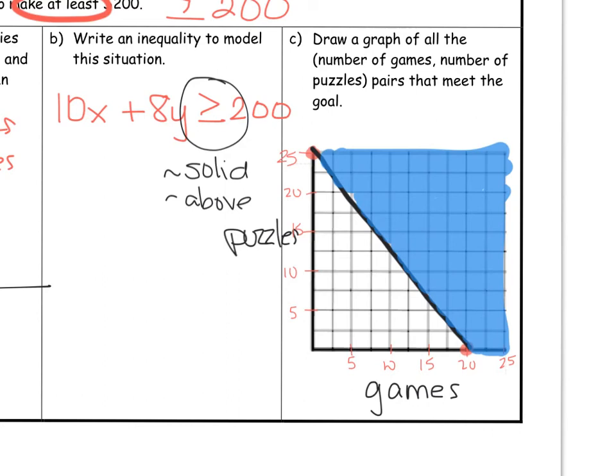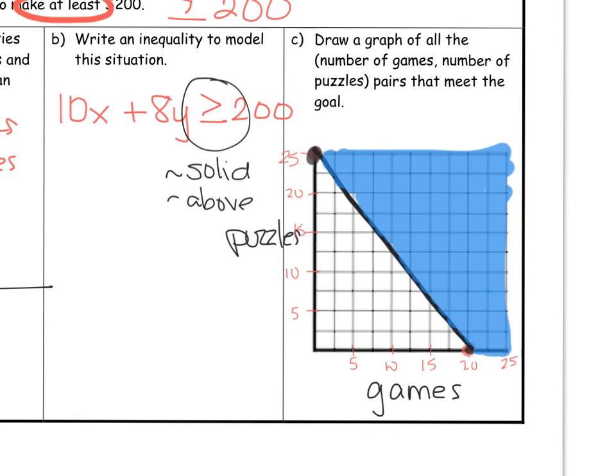So I'm going to label a couple of those ordered pairs. We already said that 0 puzzles and 20 games would work. That's this point right here. We said that 0 games and 25 puzzles will work. If I have 4 games and 20 puzzles, or I could have 4 games and 25 puzzles, which is somewhere up in here.